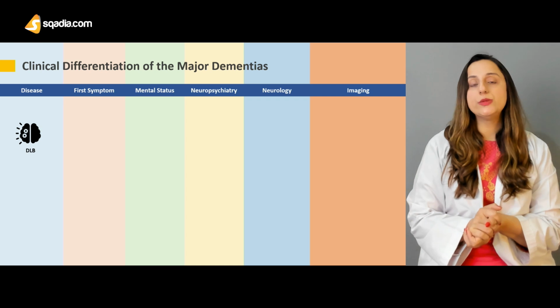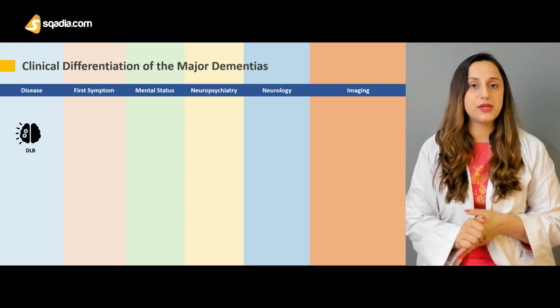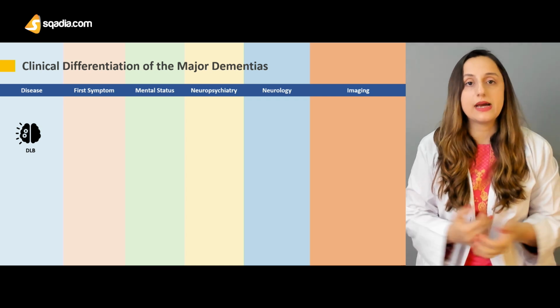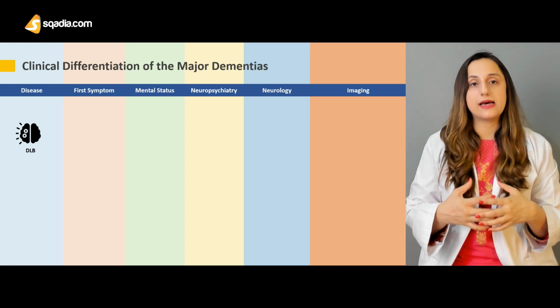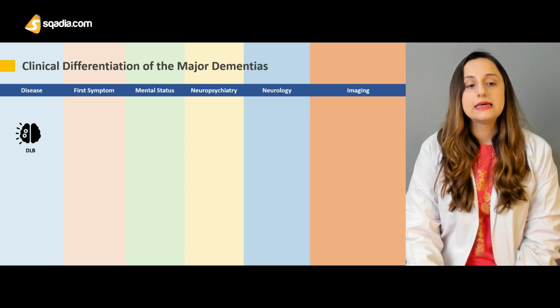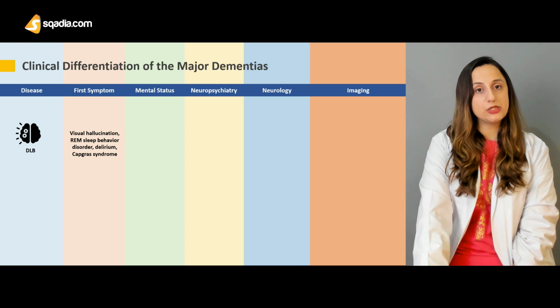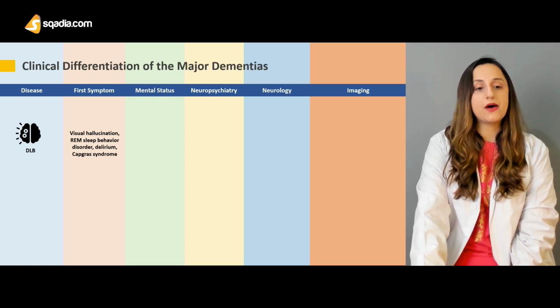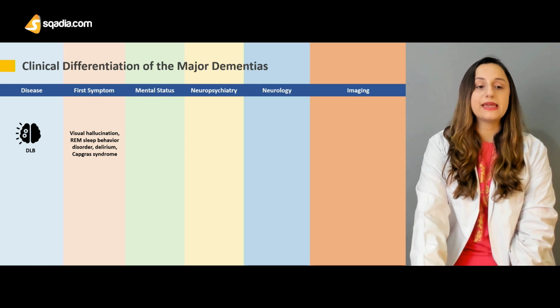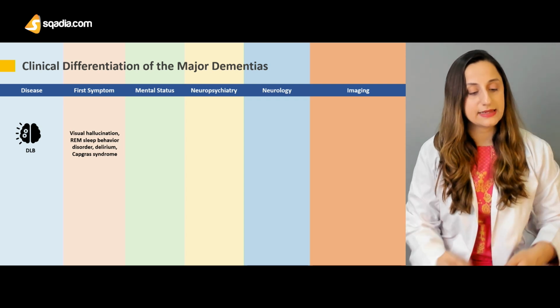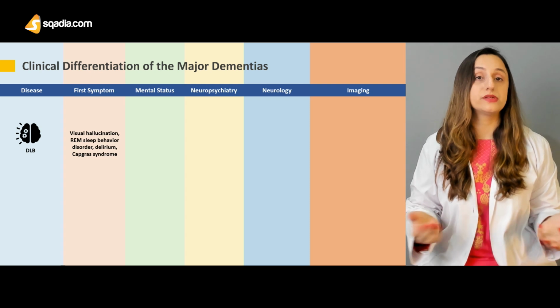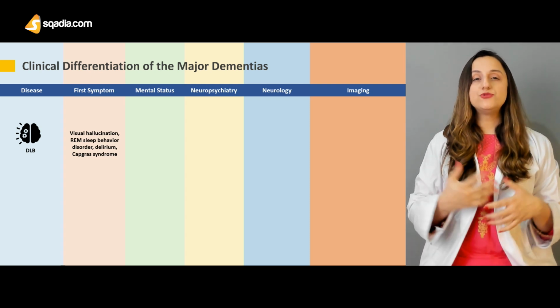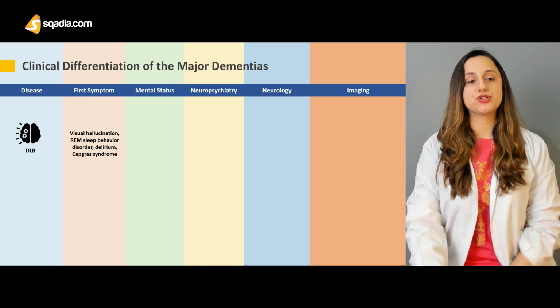Now we have Lewy body disease, which is another variant, and again the patient is going to have memory loss as well as visual impairments. The first symptoms would be visual hallucinations. REM sleep behavior disorder is noted, delirium, and we have Capgras syndrome, along with attention deficit, as well as dreams that are quite repetitive in nature.